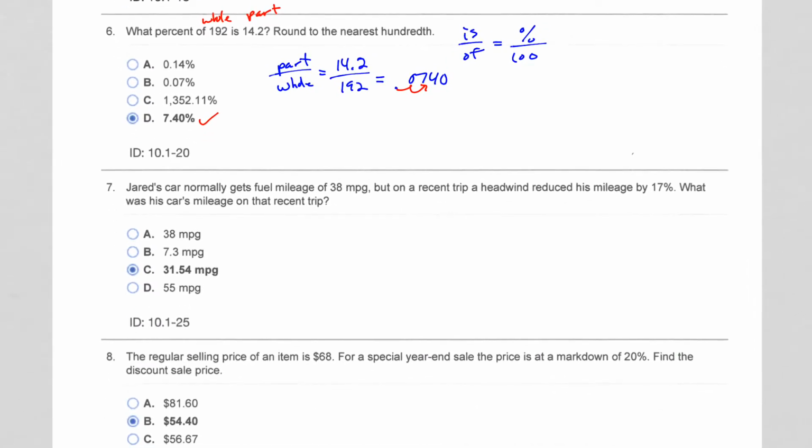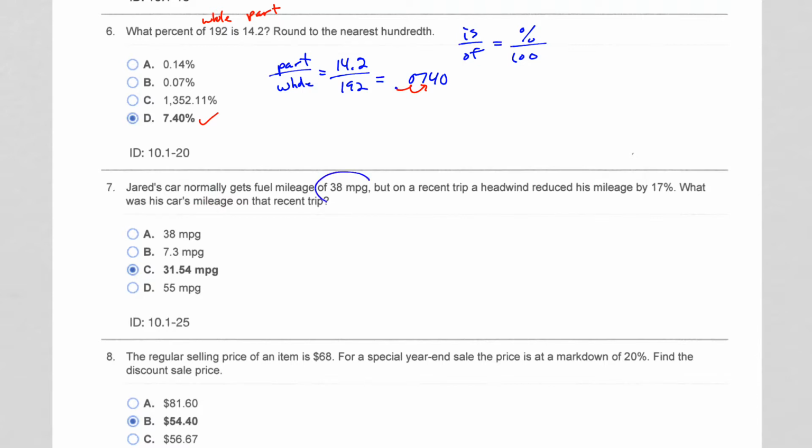Next, we have a word problem. Jared's car normally gets fuel mileage of 38 miles per gallon. But on a recent trip, a headwind reduced his mileage by 17%. What was his car mileage on that recent trip?